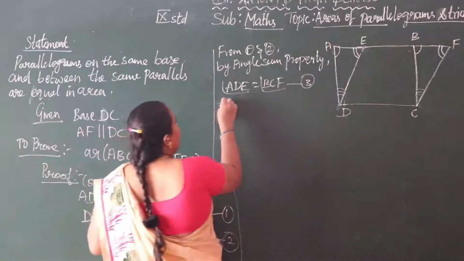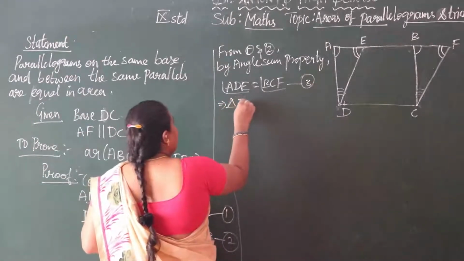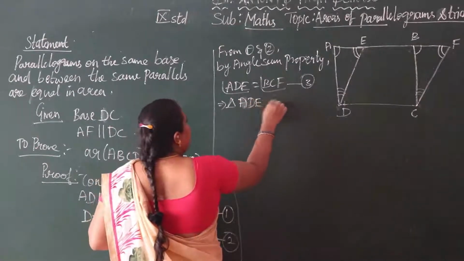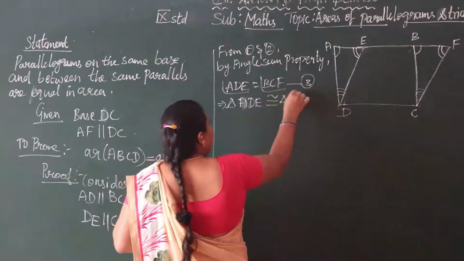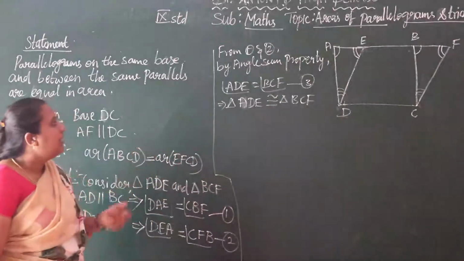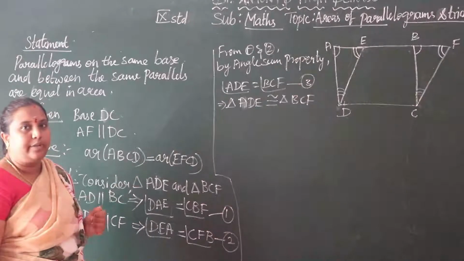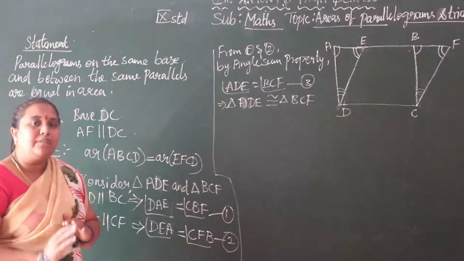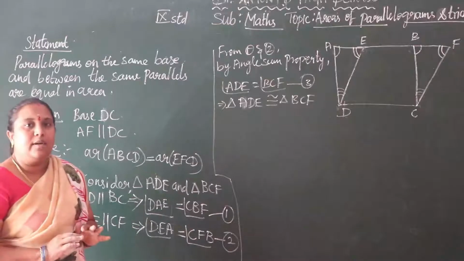So here we can say triangle ADE is congruent to triangle BCF by AAA congruence rule. So these two are congruent, which means the areas of these two triangles are equal. Is it right?